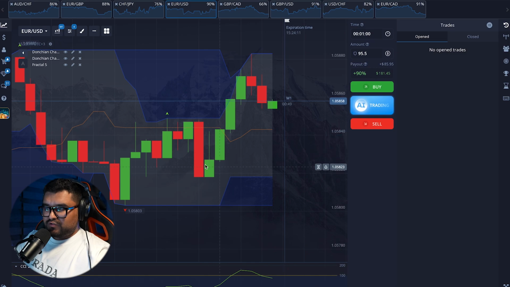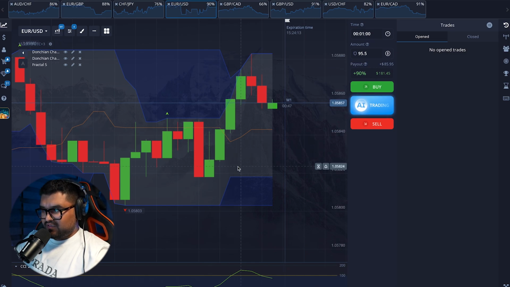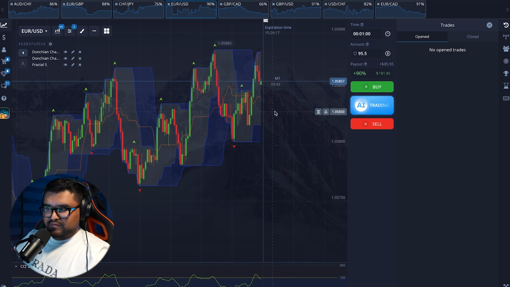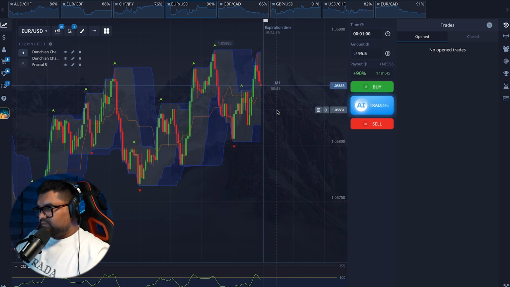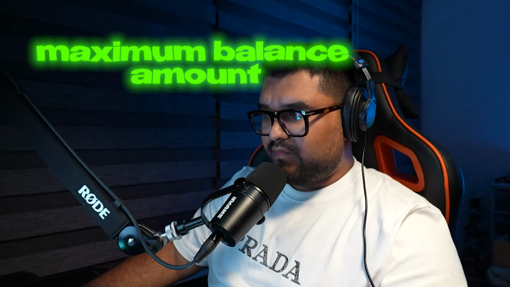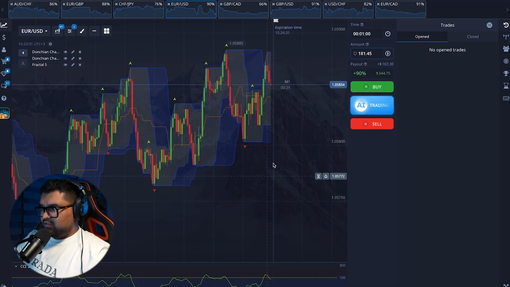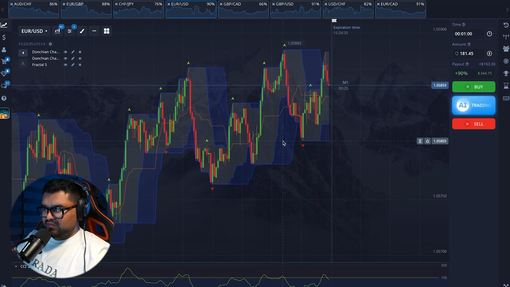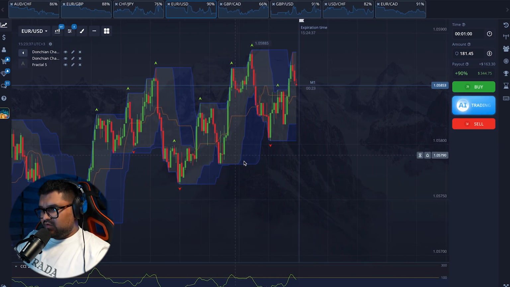Such moments should always be considered because they improve the chances of a successful trade close. So let's open another trade with the maximum balance amount, right? We'll try to open it for an upward movement and find a suitable asset for this.